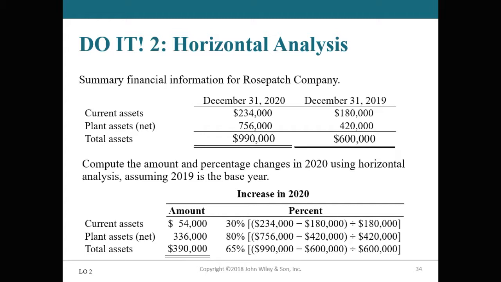You can see that there are percentages of 30, 80, and 65 as increases in 2020 as compared to 2019. Now you can do this comparison 2020 to 2018, 2020 to 2017, if you wanted to see what the growth was from any period to this one.